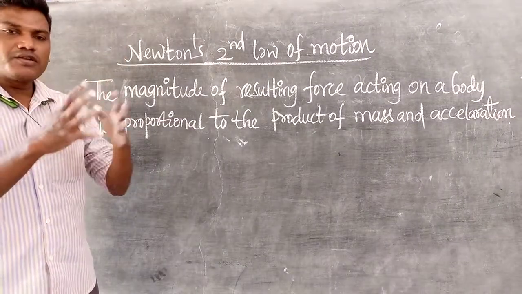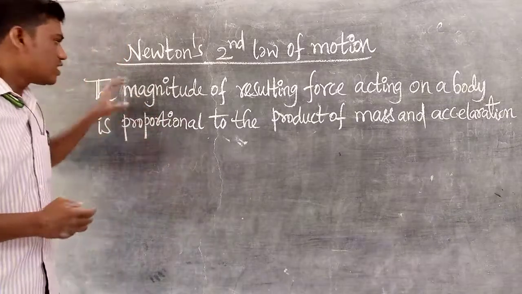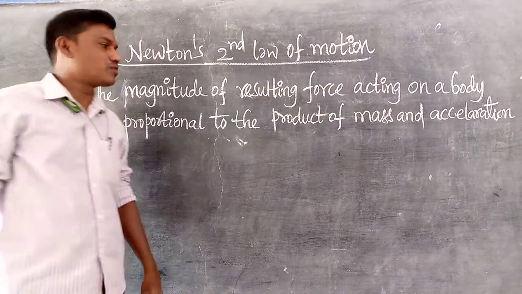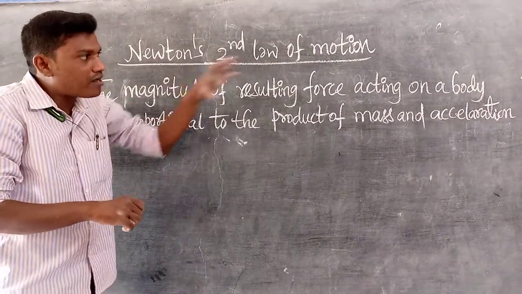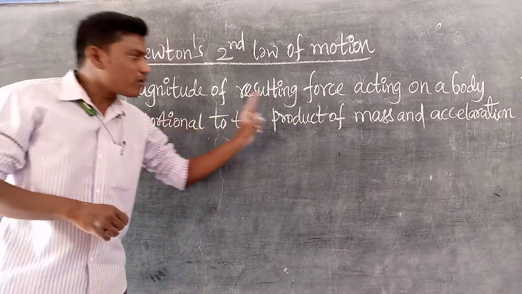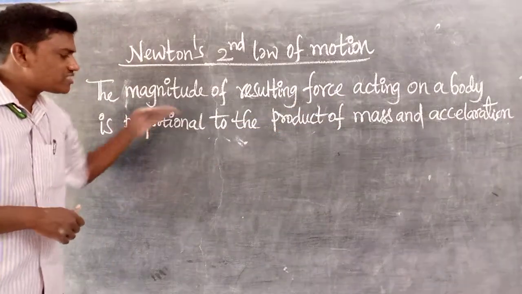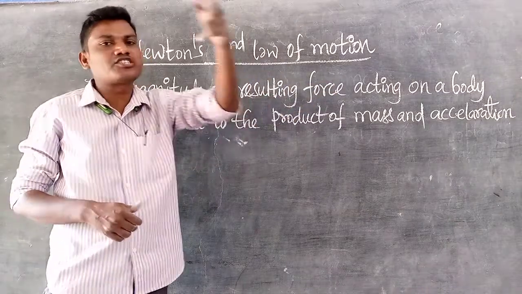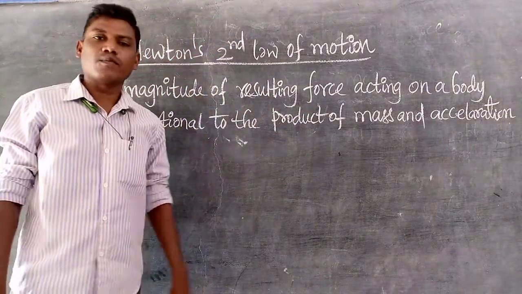The main concentration in the second law is about the force only. The magnitude of the resulting force acting on a body is directly proportional to the product of mass and acceleration, and the force acts on the body along the direction of acceleration. This is Newton's second law of motion.